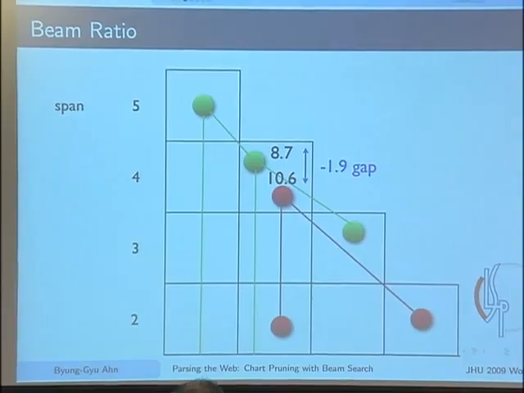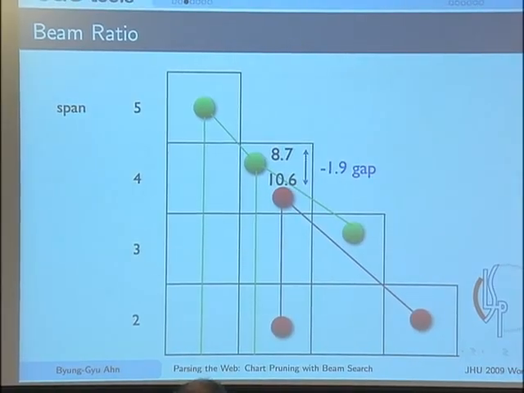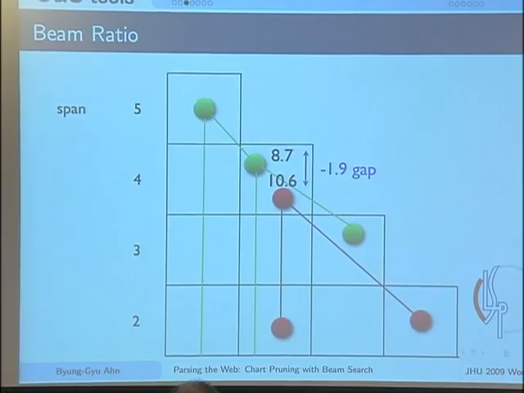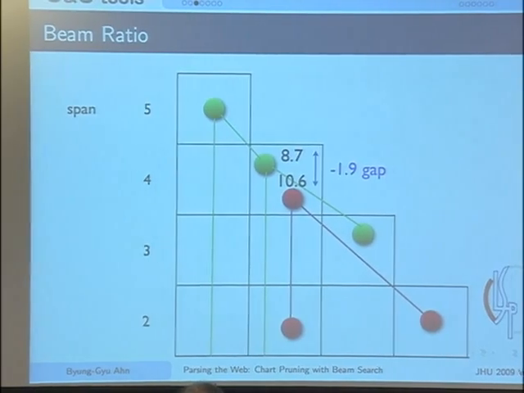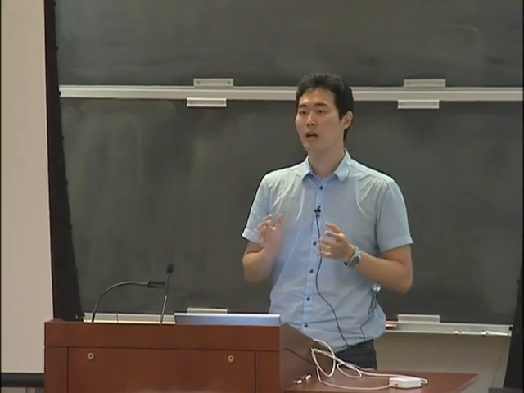The parser estimates the score for each constituent, and the score is the log probability of each constituent. It is in log scale and not normalized, so they have positive numbers. So let's say the green dots here are part of the final analysis in the gold oracle, and the red dots are not. In this case, the red dots have more score, which means at the cell 2,4 they seem more probable than the green dots in the gold standard oracle.